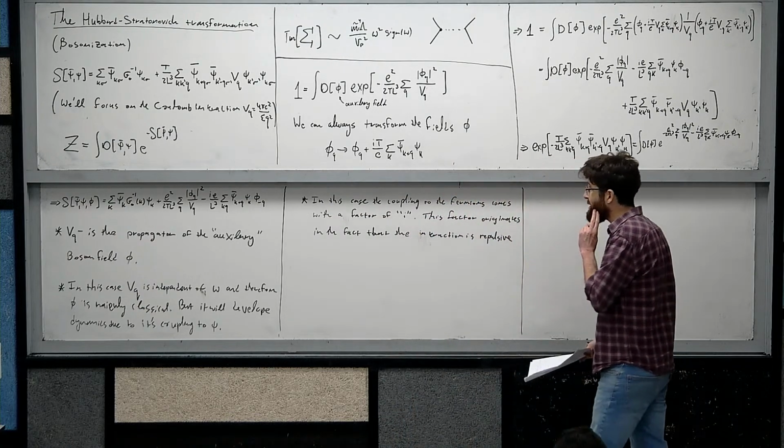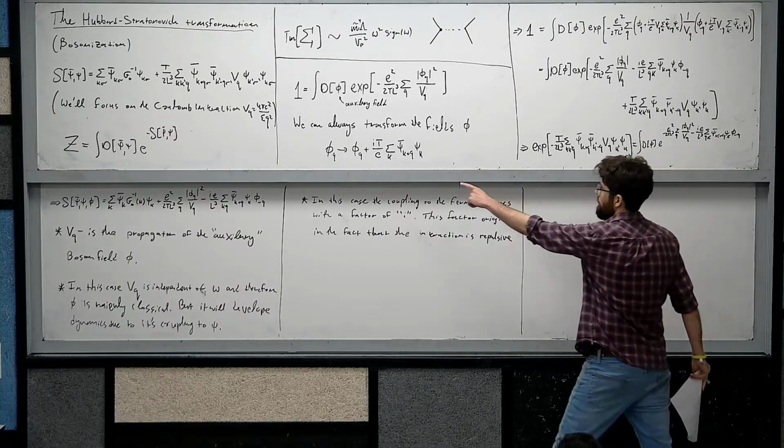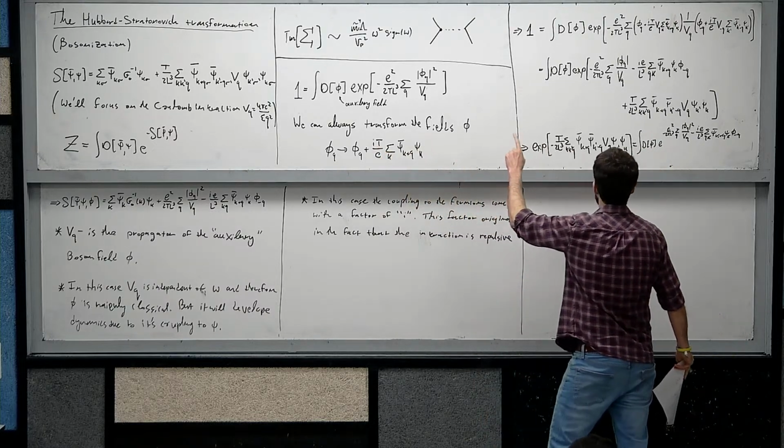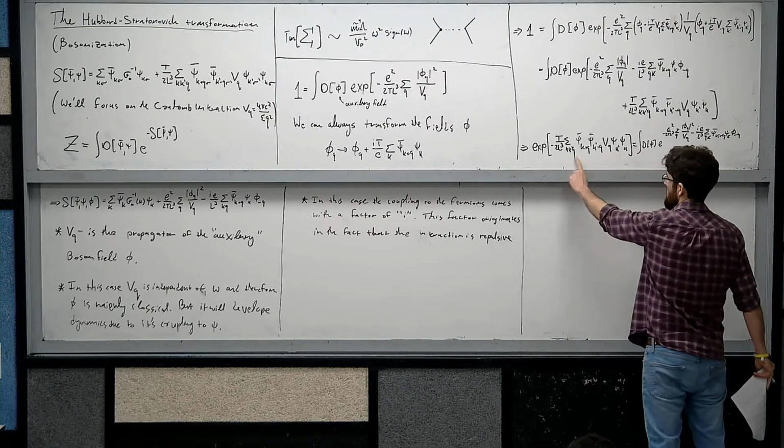Okay, so the point is, here we added this factor of I because this interaction is a repulsive interaction.